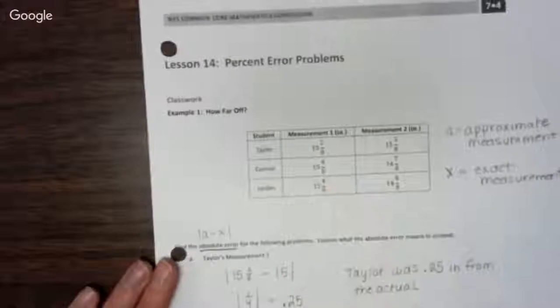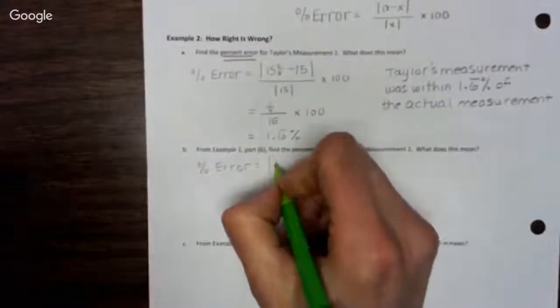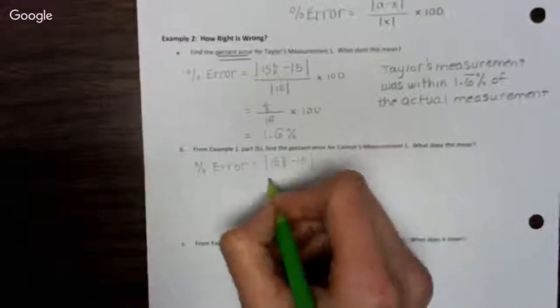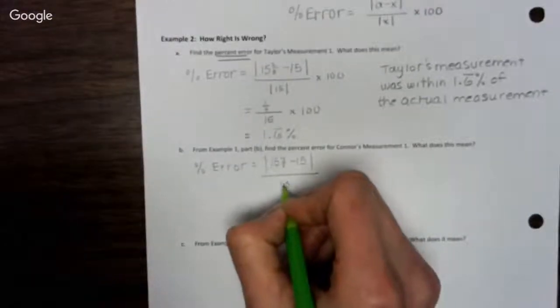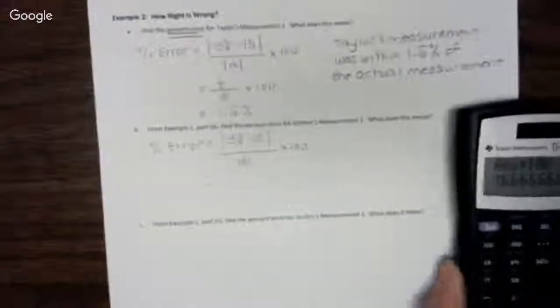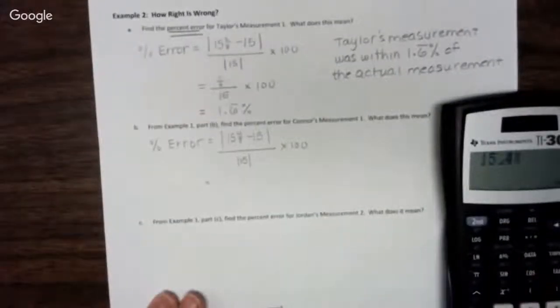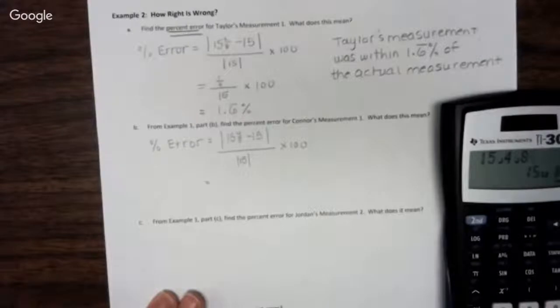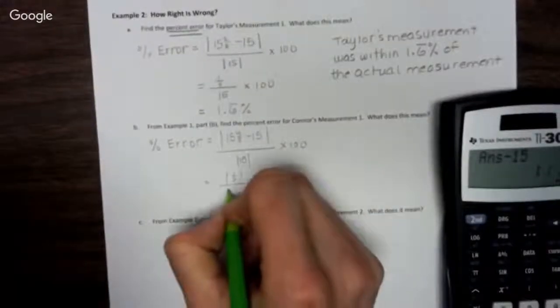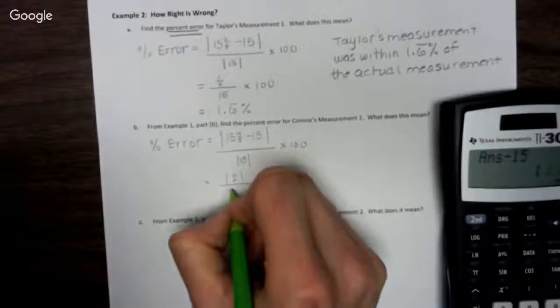So the absolute value of Connor's measurement 1 was 15 4/8 minus 15 over the absolute value of 15, and then we're going to multiply it by 100. So let's do the top first. So 15 4/8 minus 15 is 1/2 over 15.